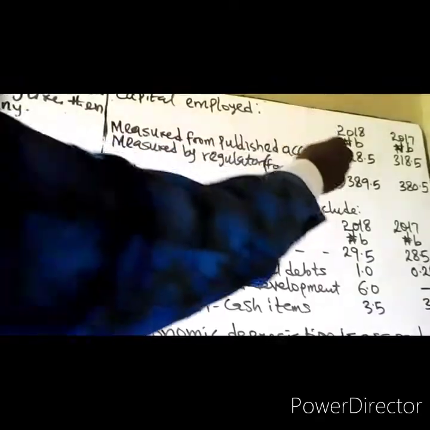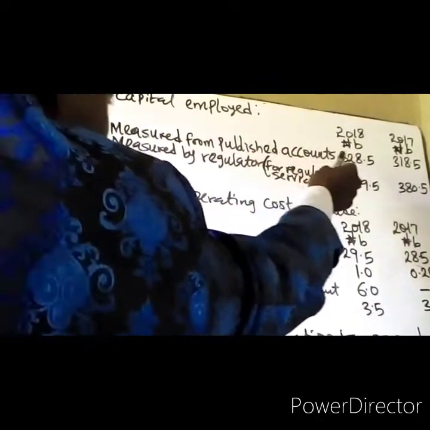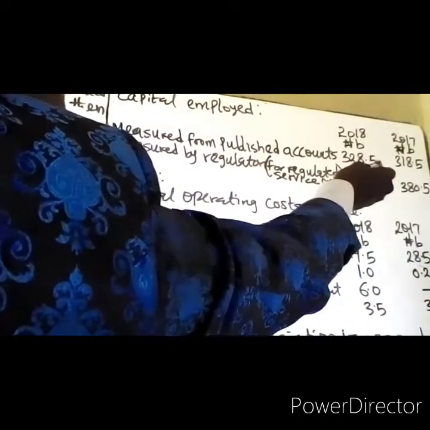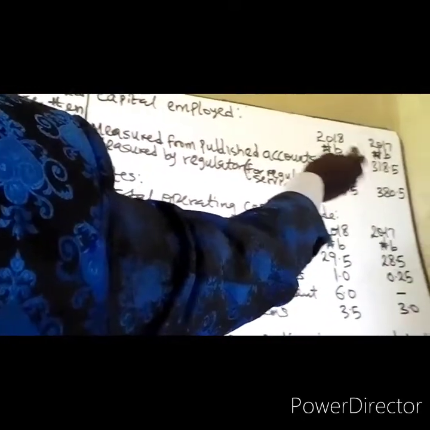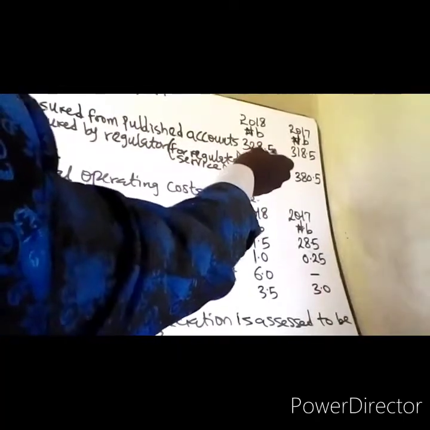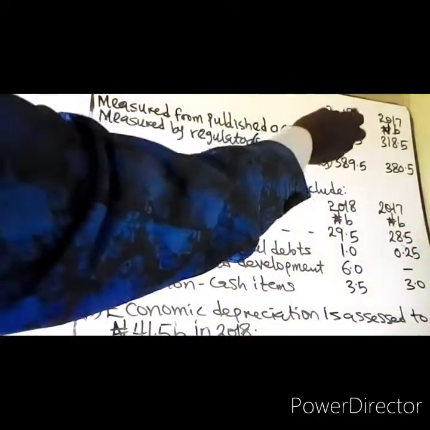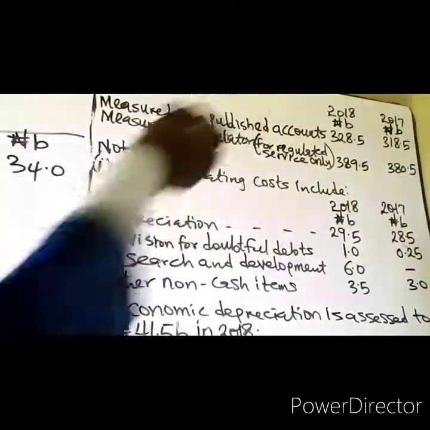Since you are computing EVA for 2018, you use the one of 2017, the opening balance. The 2017 capital employed will be the opening balance for 2018. Therefore, that of 2017 will be used. So we have 318.5 measured from published accounts.